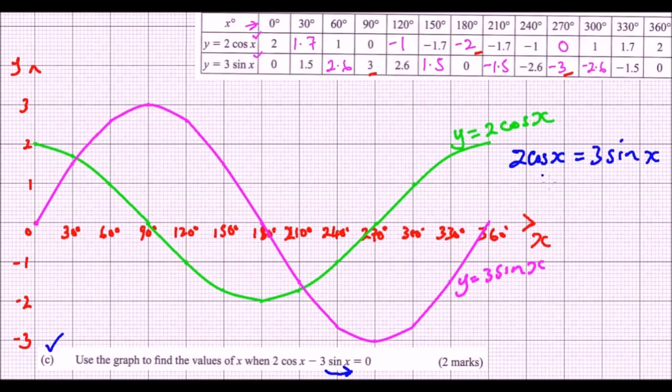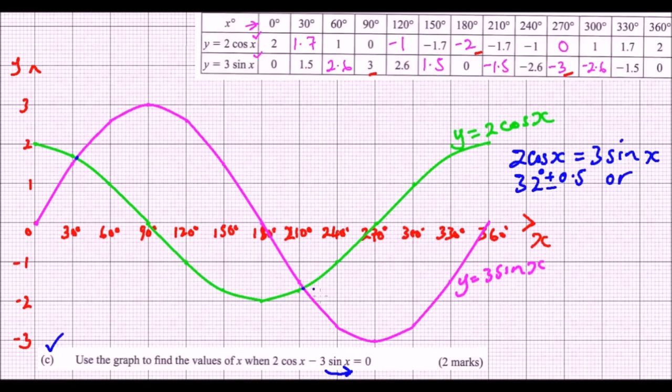One of the points is that point, and you find that it is around 32 degrees, plus or minus, I can say 0.5, or the other point where the two graphs cut is that point, it is around 200, and we can say 200 and 13 plus or minus 0.5.